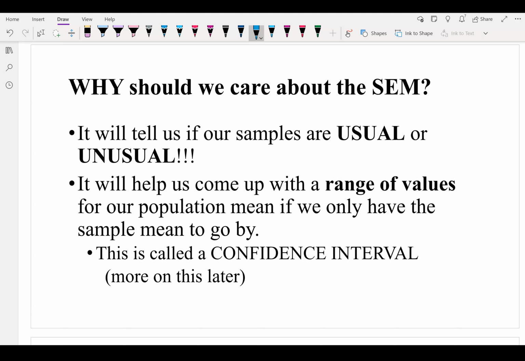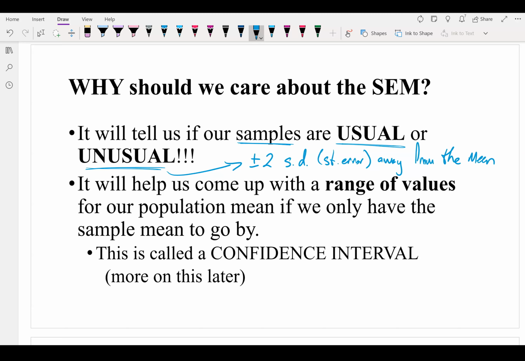First of all, it tells us if our samples are usual or unusual. Unusual means plus or minus 2 standard deviations, meaning standard error, away from the mean. That's a tricky thing to think about.